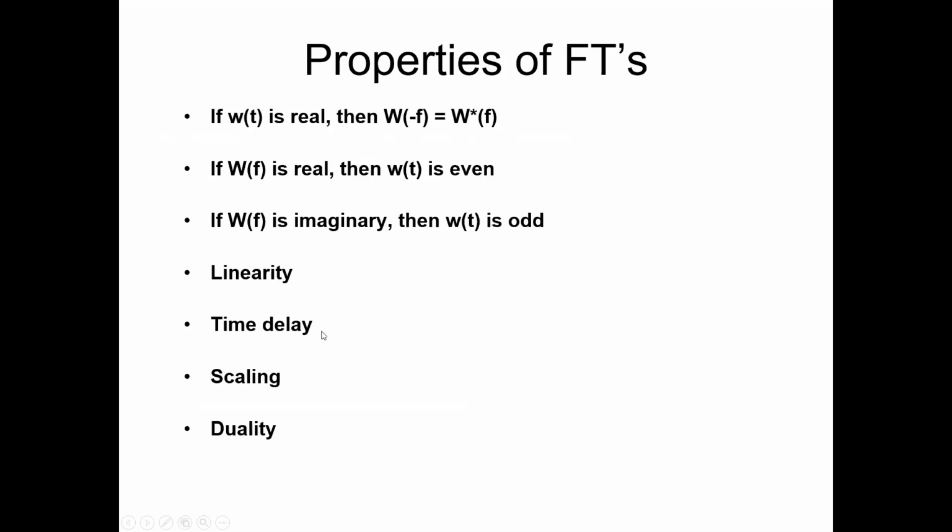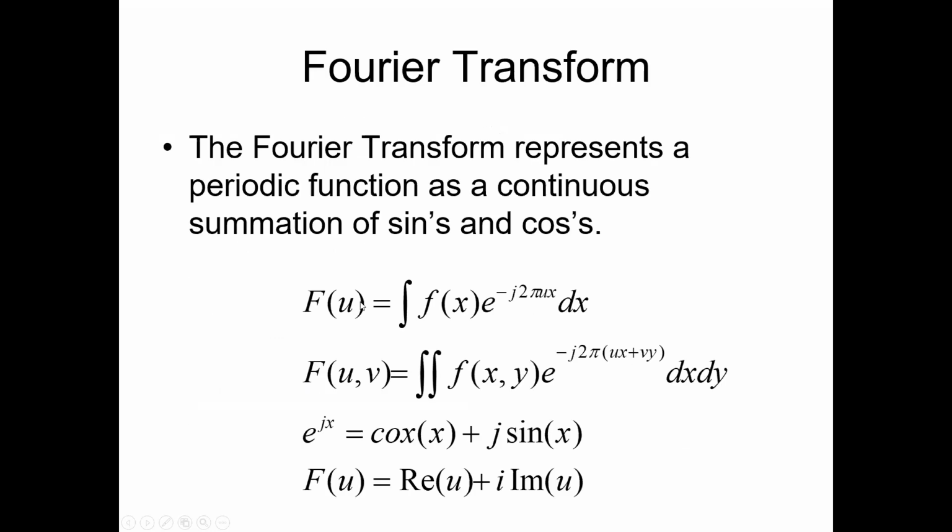Linearity, time delay, scaling, duality. So the Fourier transform represents a function as a continuous summation of sines and cosines, the integral of f of x e to the minus j2 pi ux. We'll explain it later in detail.